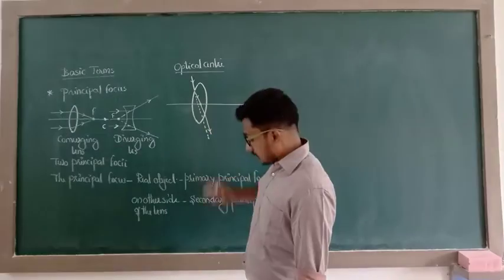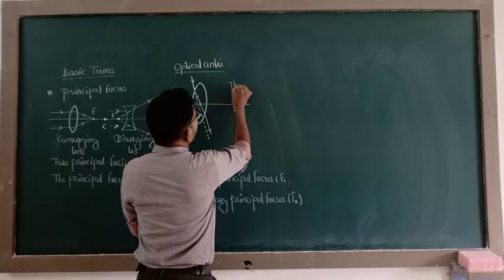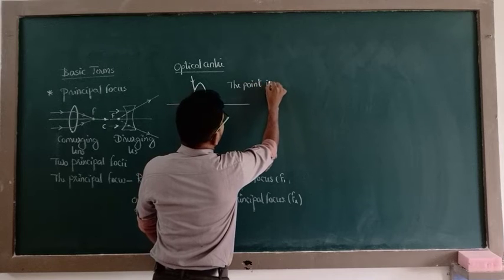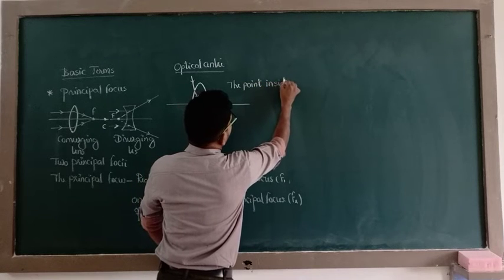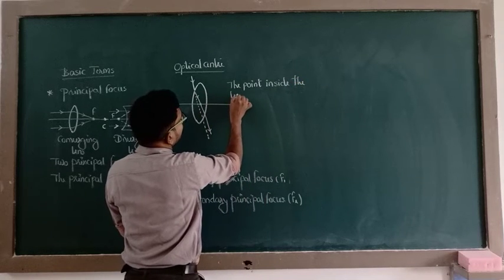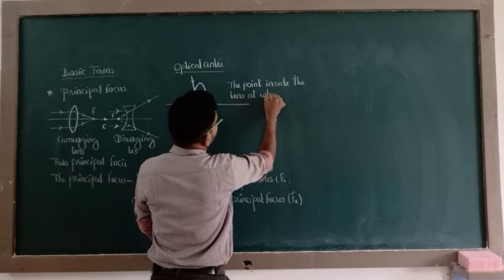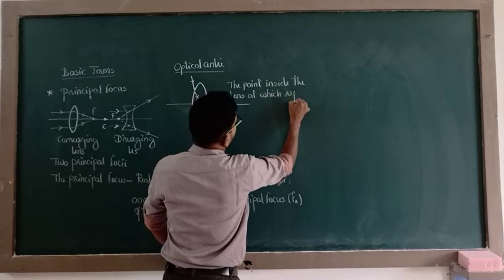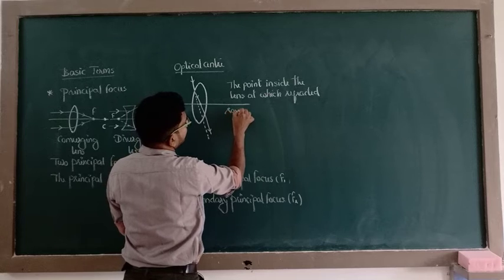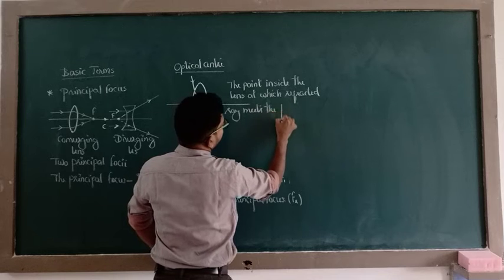So here, a point inside the lens at which a refracted ray meets the principal axis.